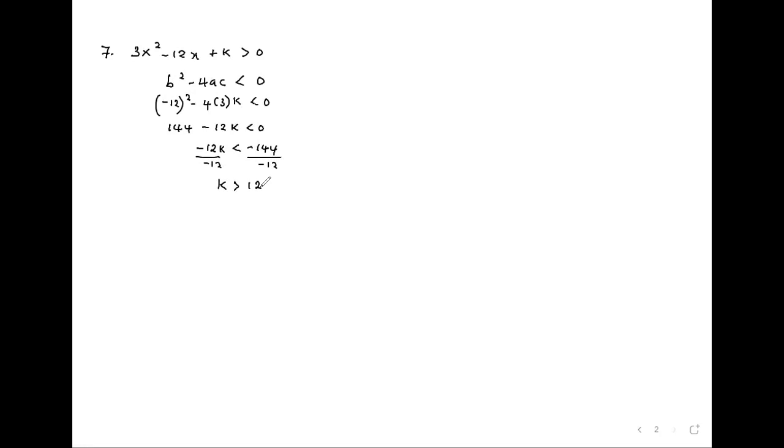So what this means now is that for any value, for example, you try 3x squared minus 12x plus 14. If you get the value of x to be 1, you have 3 minus 12 plus 14, which is bigger than 0.